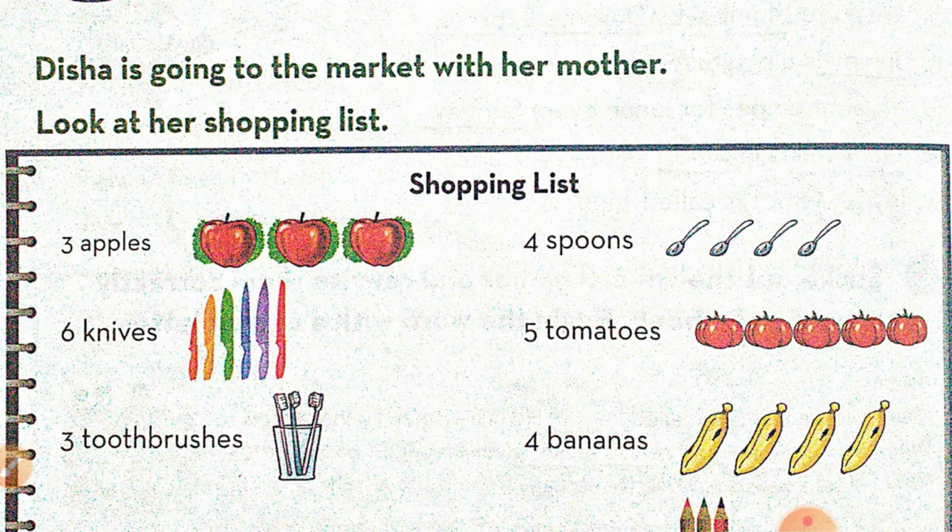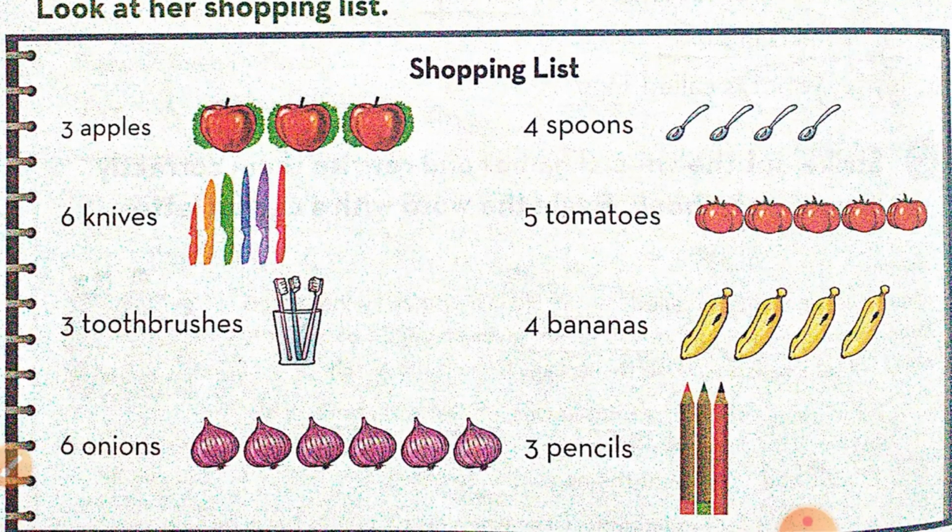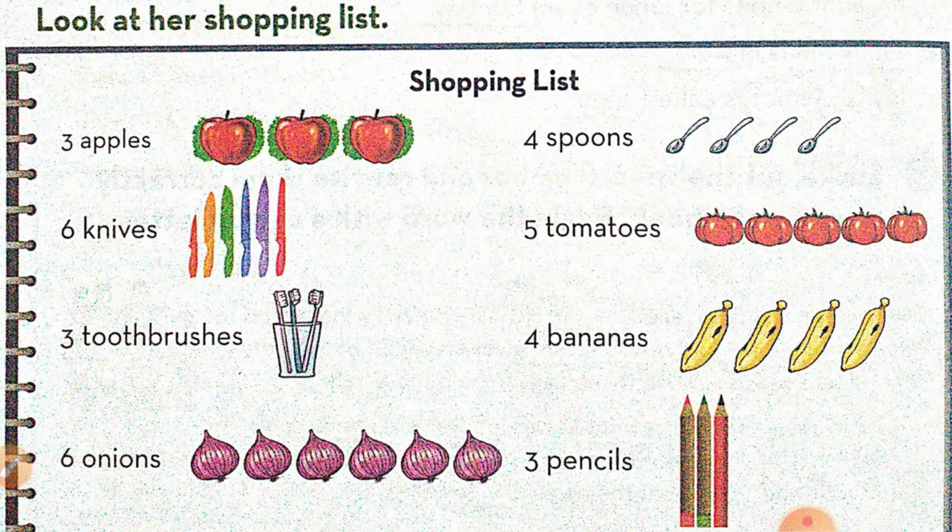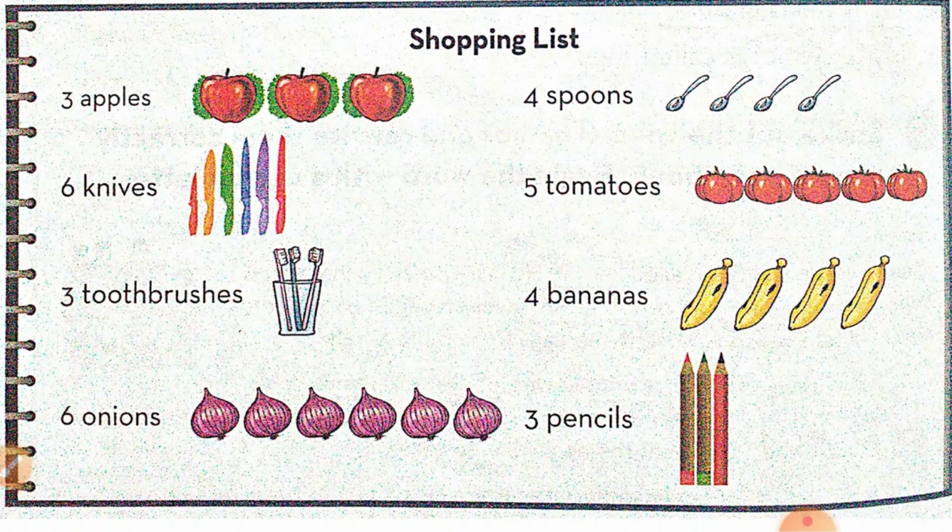She is going to purchase these things. So what is this? This is Disha's shopping list. She has written some names of fruits and things which she wants to buy. So, whenever you will go for shopping, you should also prepare the shopping list.